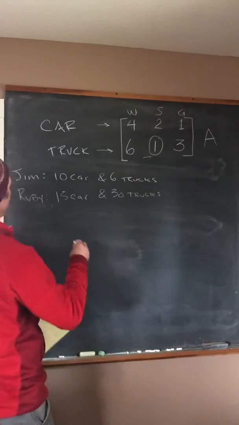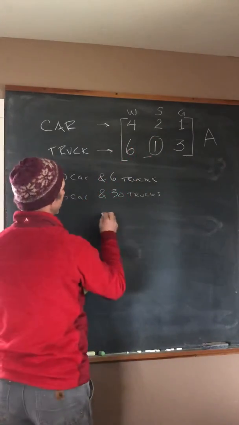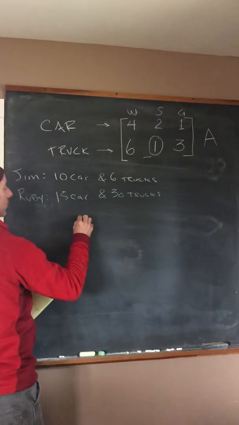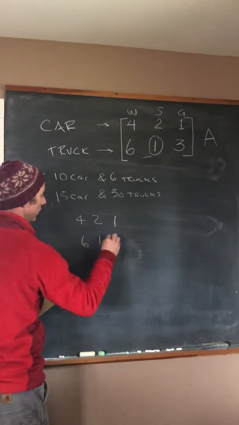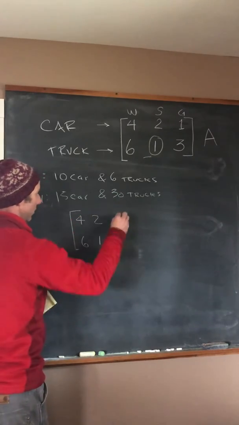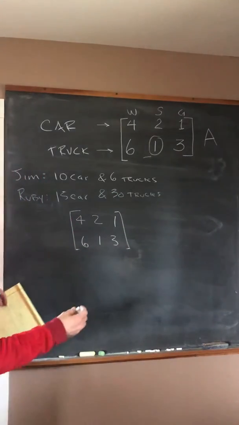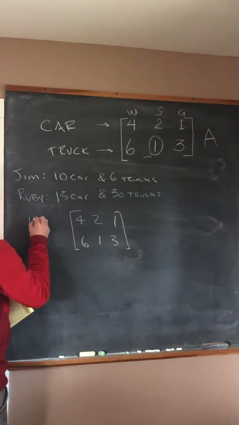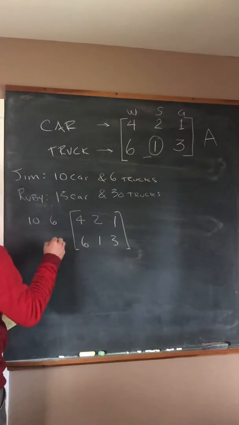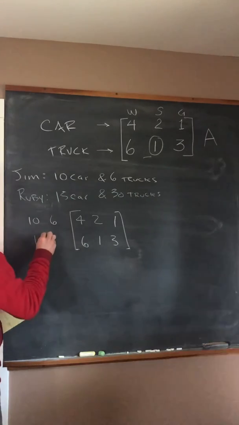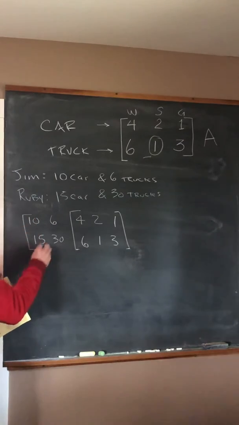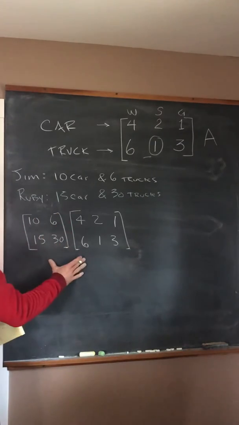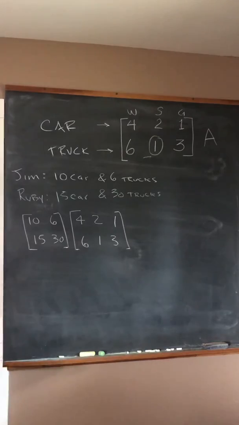I'll have this matrix up here, 4, 2, 1, 6, 1, 3. Now if you remember, Jim's matrix was 10, 6. Ruby's order is going to be 15, 30.